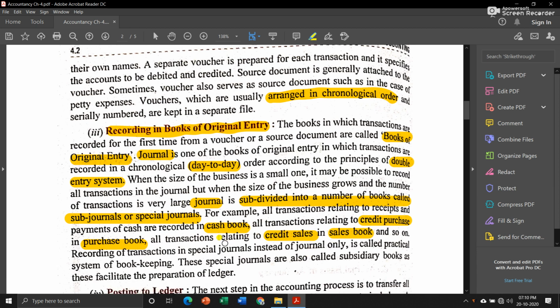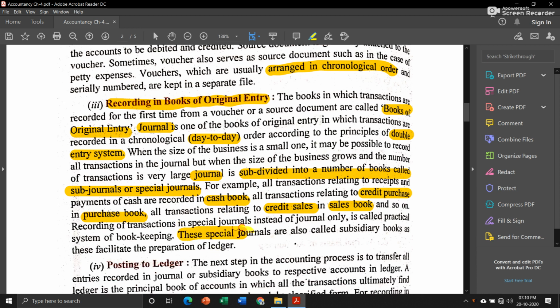We will learn how to prepare the purchase book, cash book, sales book and others. These special journals are also called subsidiary books, as they facilitate the preparation of the ledger.